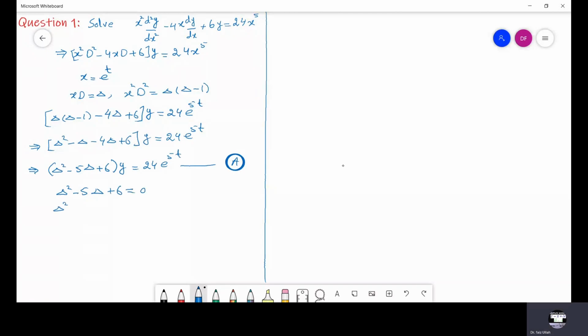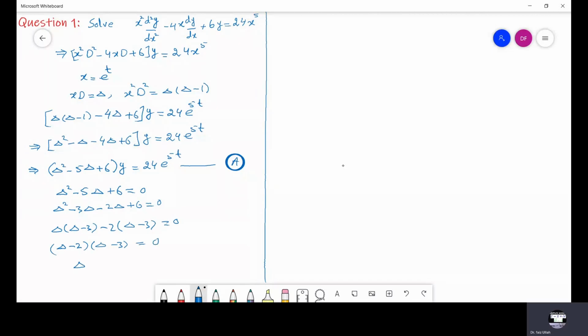So we have Δ² minus 3Δ minus 2Δ plus 6 is equal to 0. Taking Δ as common, and taking minus 2 common from here, we can get this result. From here we can get (Δ minus 2)(Δ minus 3) is equal to 0.